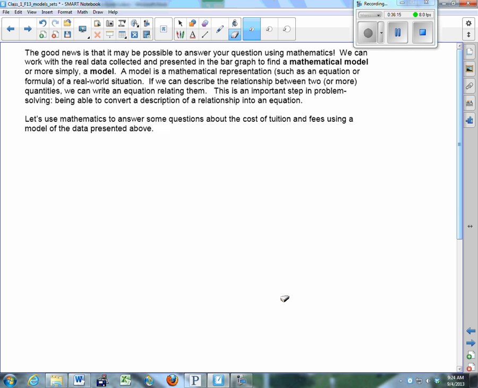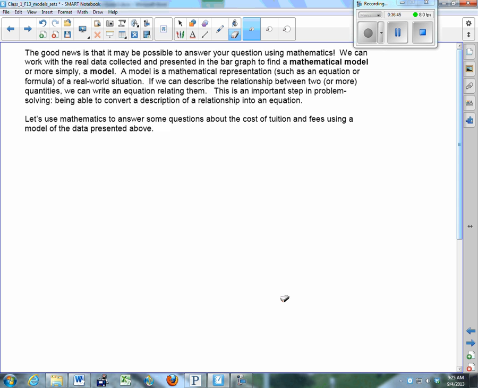Someone else want to read the rest of this for me? Okay, Brendan. We can work with the real data collected and presented in the paragraph to find a mathematical model. A model is mathematical, such as equations of the real world.